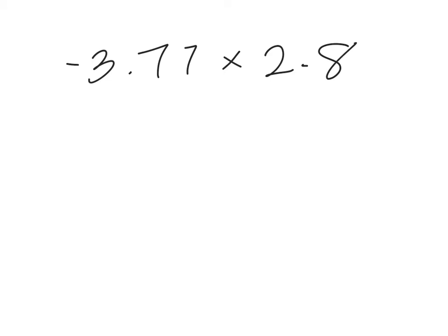The last problem we're going to focus on is negative 3.77 times 2.8. So the first thing I'm going to do is take the decimals out. So we have 377 times 28. Then I'm going to go ahead and set this up to multiply.